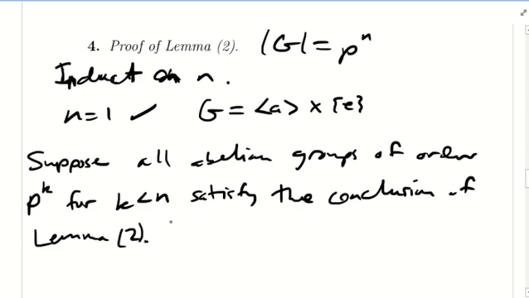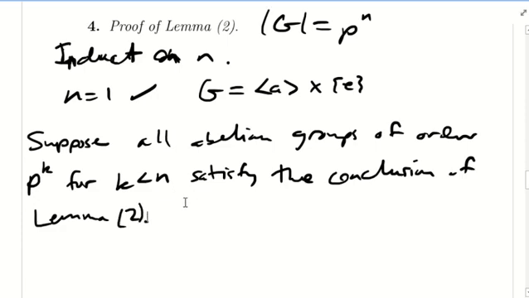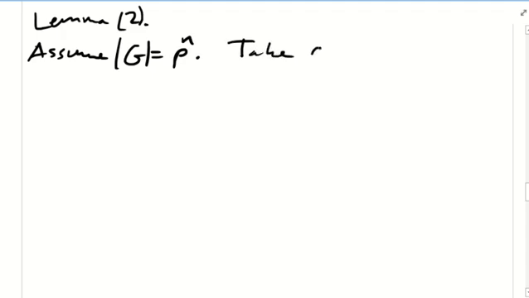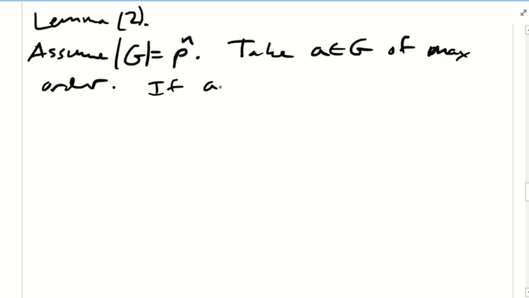Okay. And let's assume that G has order p to the n, right? All right. Then take an element A in G of max order. Certainly, if the order of A is p to the n, then we're done.